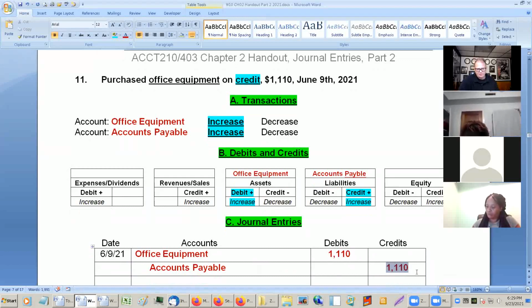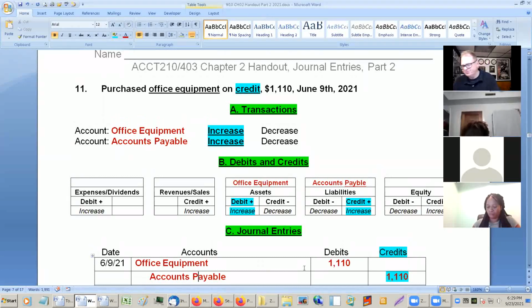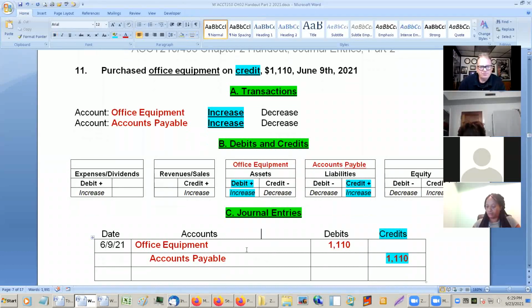Again, they say buying on credit. So you get that term, buying on credit. All right. Question on that?